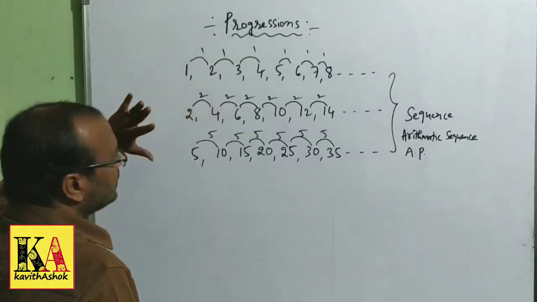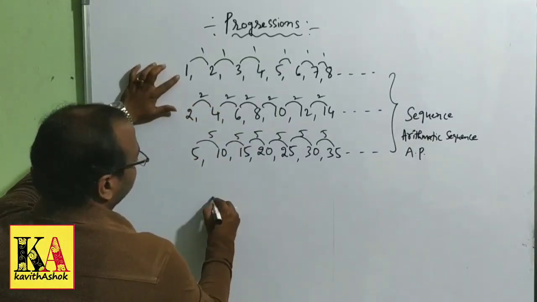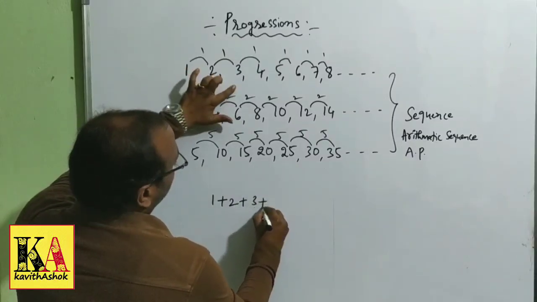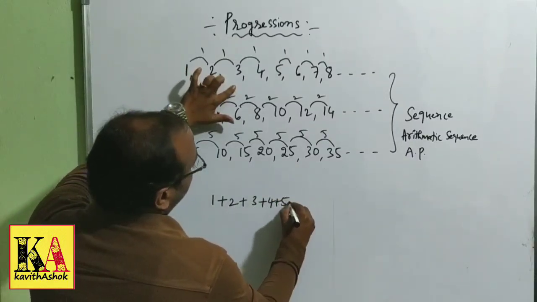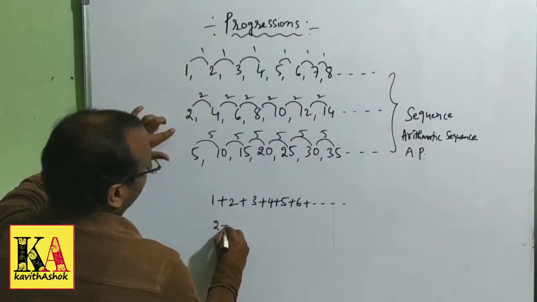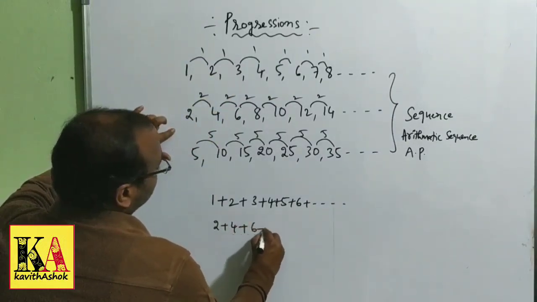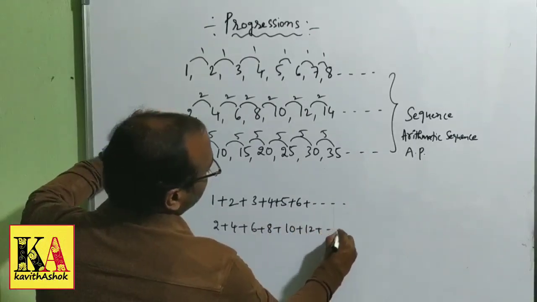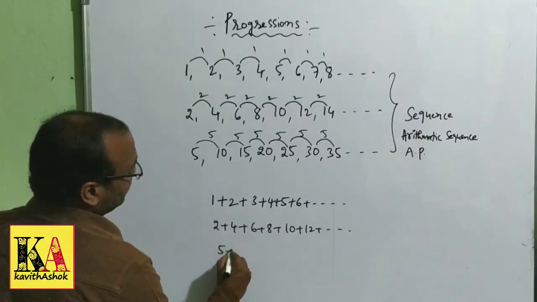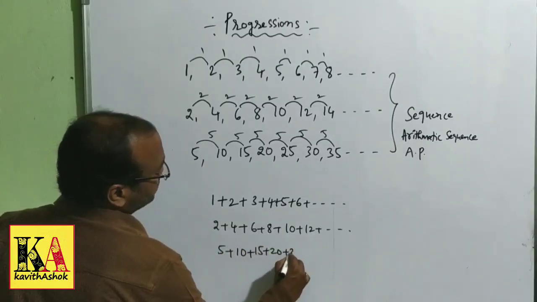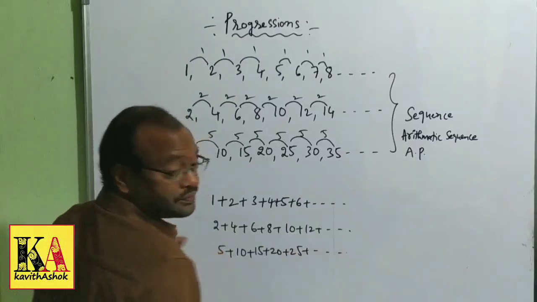Look here now. In the same sequences, if you write 1 plus 2 plus 3 plus 4 plus 5 plus 6 plus so on, and 2 plus 4 plus 6 plus 8 plus 10 plus 12 plus so on, and 5 plus 10 plus 15 plus 20 plus 25 plus so on.